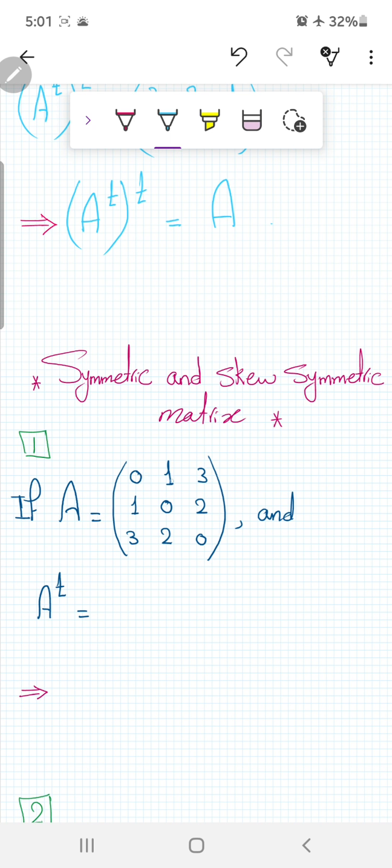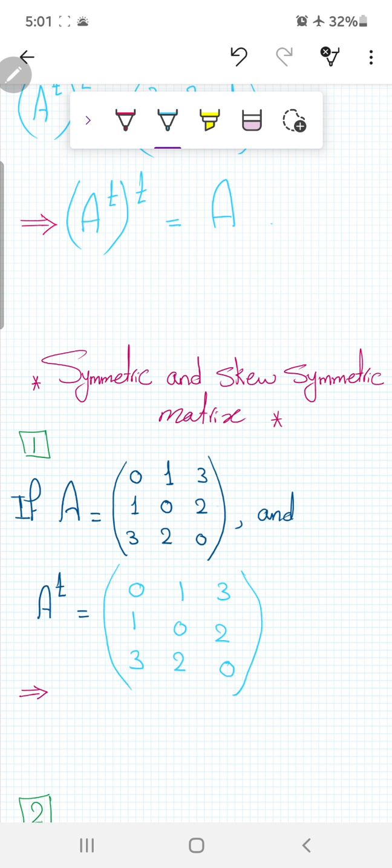So here 0, 1, 3 will be the first row, and it becomes 0, 1, 3 as the first column. Second row will be the second column: 1, 0, 2. Here 3, 2, 0 will be the third column: 3, 2, 0.